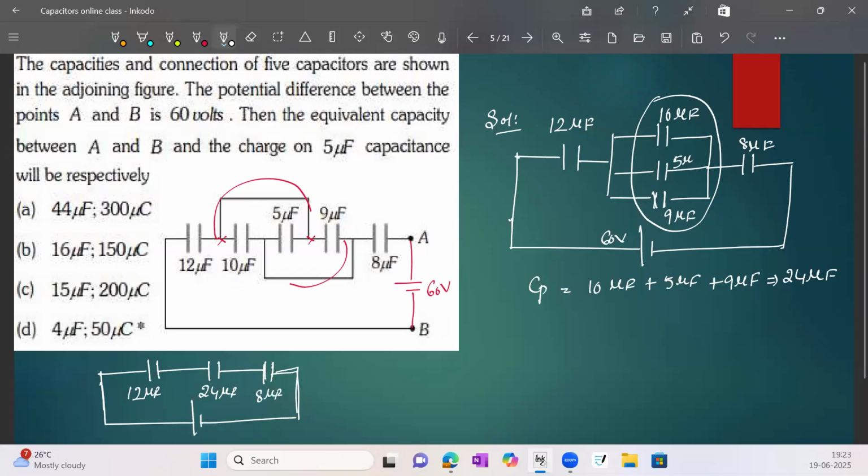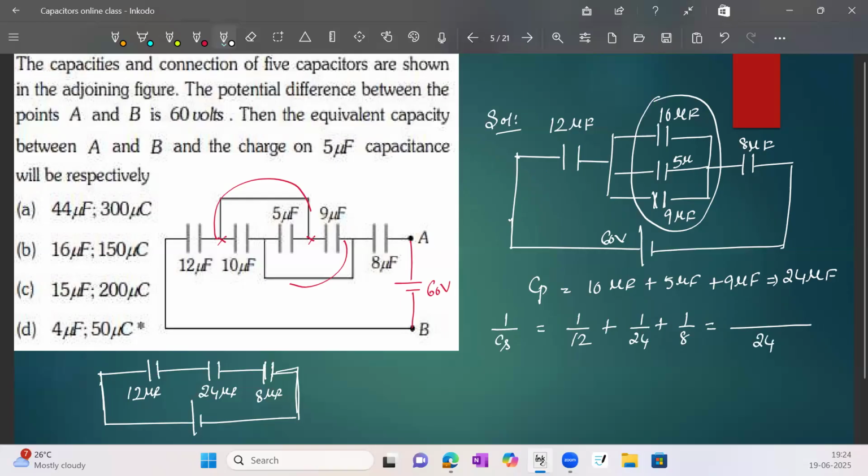Now they ask for the equivalent capacitance between A and B. All these three are connected in series. The series formula is 1 by CS equals 1 by 12 microfarad plus 1 by 24 microfarad plus 1 by 8 microfarad. The LCM of 8, 12, 24 is 24 microfarad.